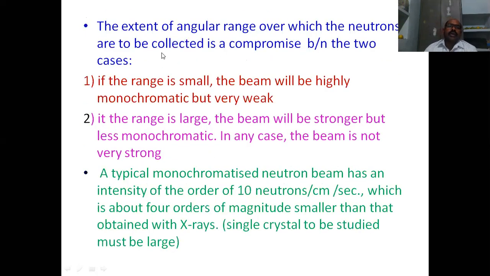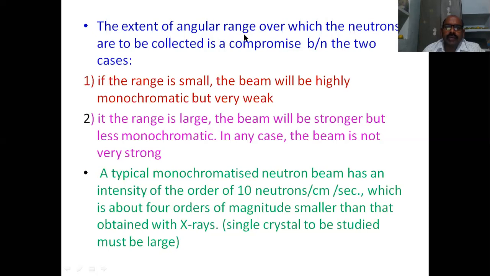So we get the bright intensity pattern when we use a monochromatic neutron beam, but there are limitations. If we use a monochromatic beam, we can get the diffraction pattern corresponding to a particular angle, but with a white neutron beam, the extent of the angular range also varies.